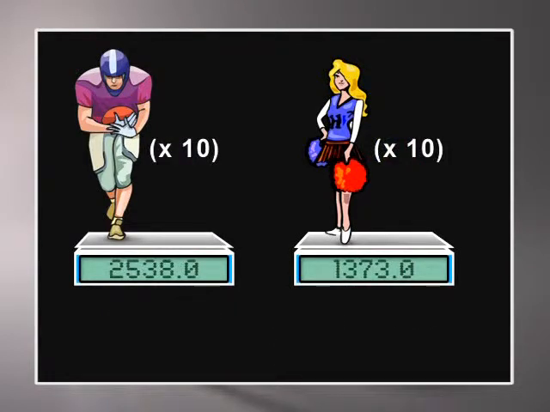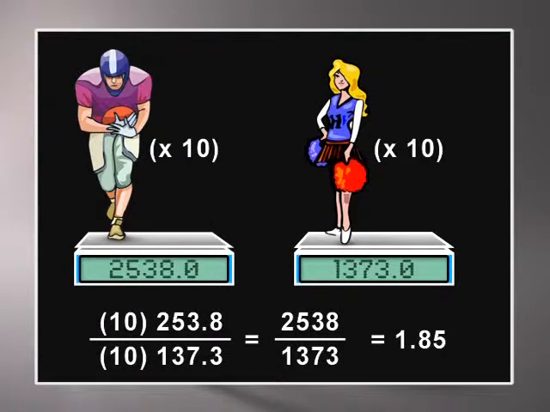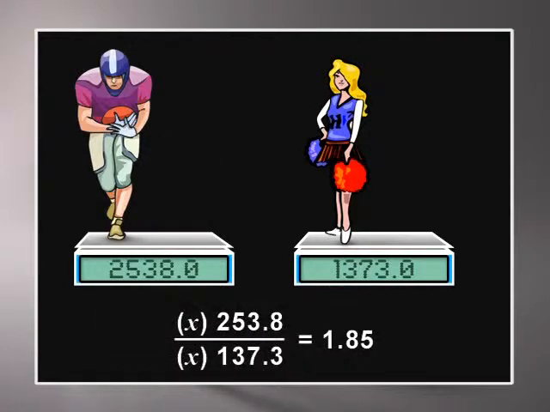If we had 10 of each, the total weight of the football players to the cheerleaders would be 2,538 pounds to 1,373 pounds, which is still a ratio of 1.85. And, sounding like a teacher, if we have X number of football players and X number of cheerleaders, well, who cares? The X's cancel out, and the ratio is still 1.85.